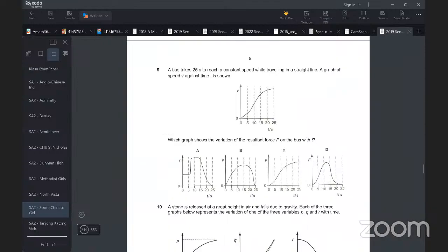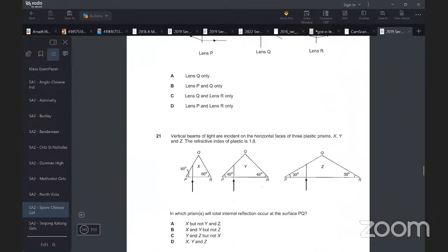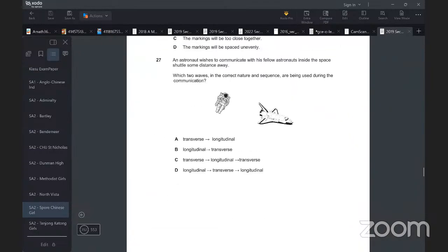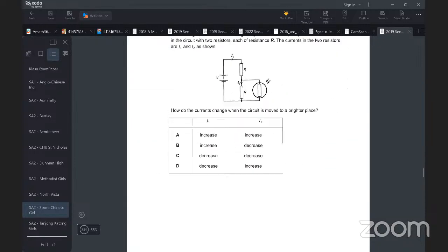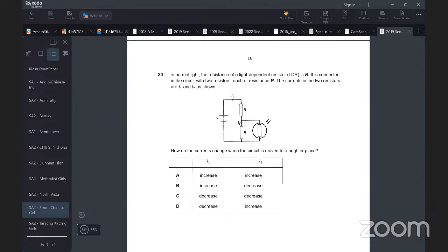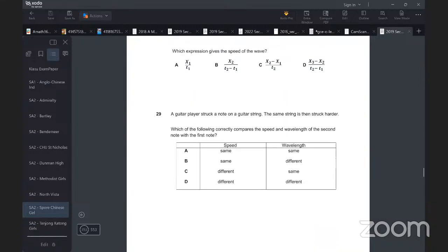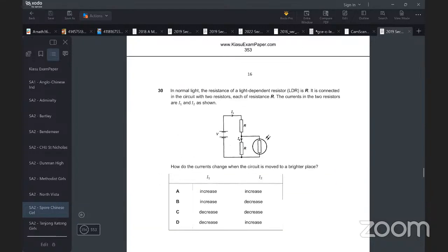Oh, no, I'm going to show you a little bit of MCQ, which is the last few parts. You know that in MCQ you're already learning electricity, right? Question 30 is already electricity, obviously, the LDR and everything.